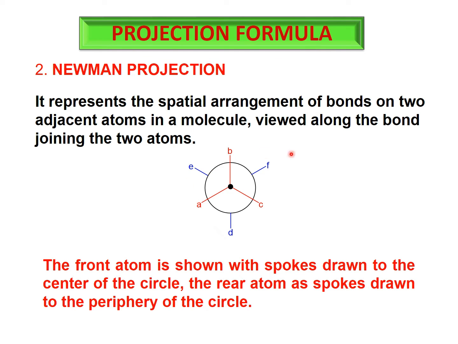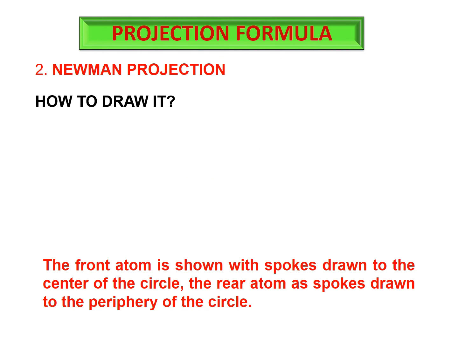Now, how to draw a Newman projection? We will do it with the help of an example. You have this molecule which has these two carbon atoms here and here. This carbon atom has three groups attached to it, A, B, and C, and this carbon atom has three groups, D, E, and F. Remember, both the carbon atoms are sp3 hybridized, so the geometry around them is tetrahedral.